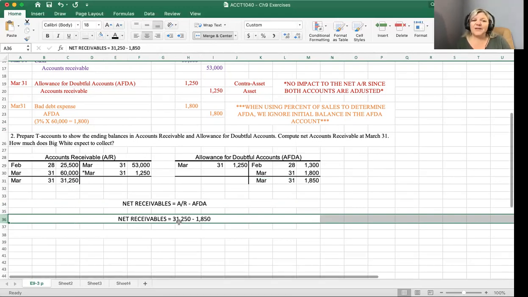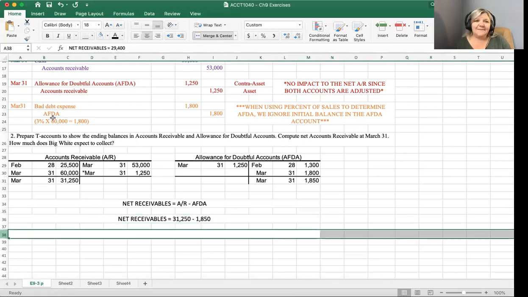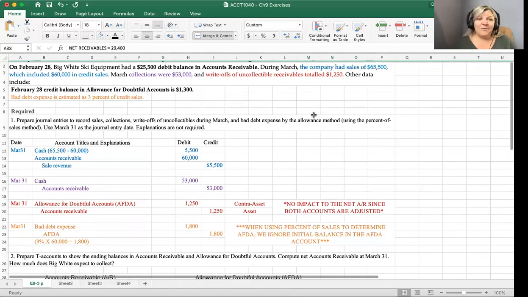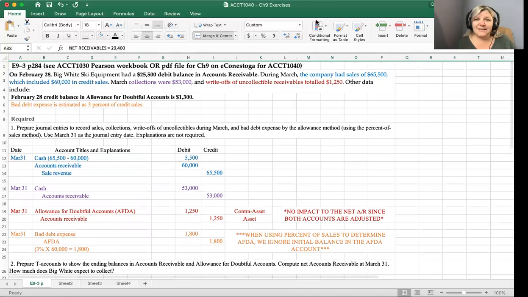Net accounts receivable is our $31,250 minus our $1,850, giving us net accounts receivable, or net receivables, of $29,400. So the question that says, how much does Big White expect to collect? This is the answer. The answer is the net accounts receivable, or the net realizable value of accounts receivable, which is $29,400. And with that, we have completed the requirements.